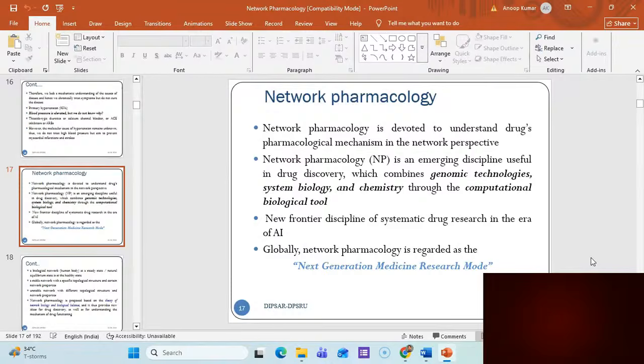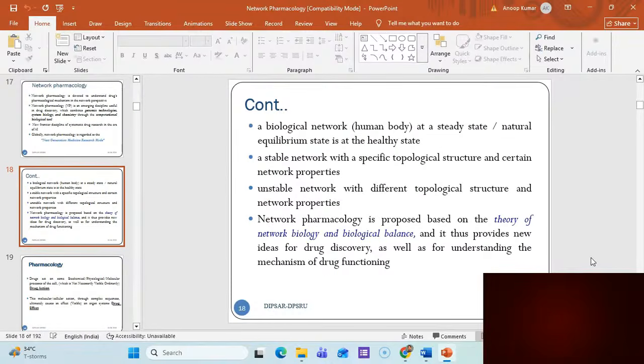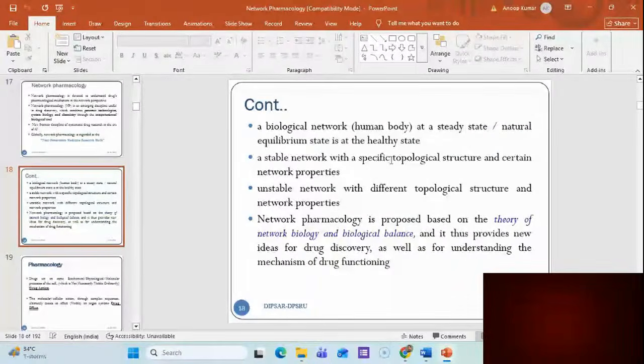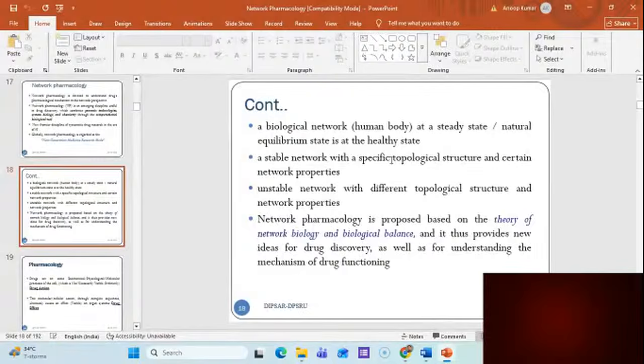You can't do it. In a biological network, the human body at steady state, in natural equilibrium, is in a healthy state. So first you have to understand how proteins, metabolites, and signal transduction networks interact with each other in a healthy individual. In clinical trials, you always have a comparator, right?